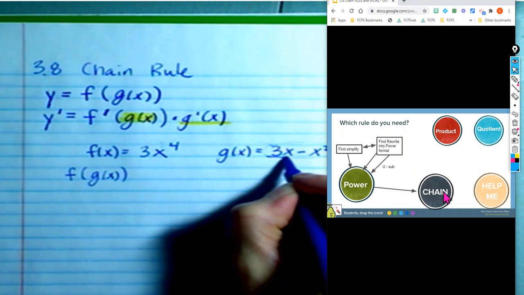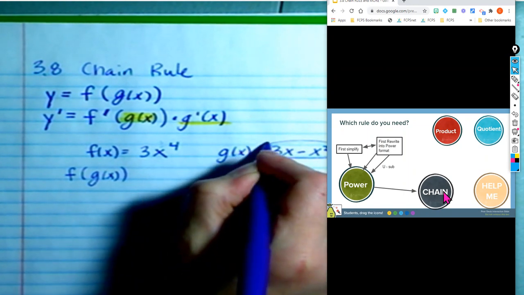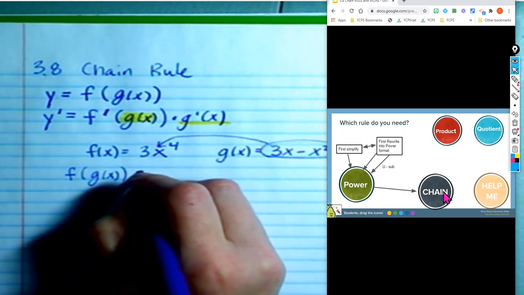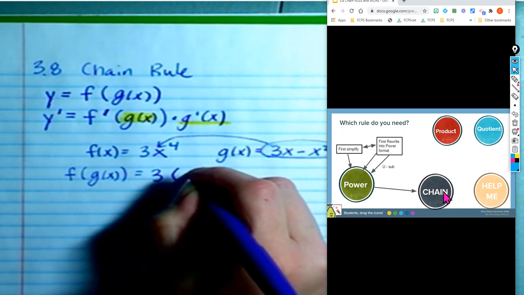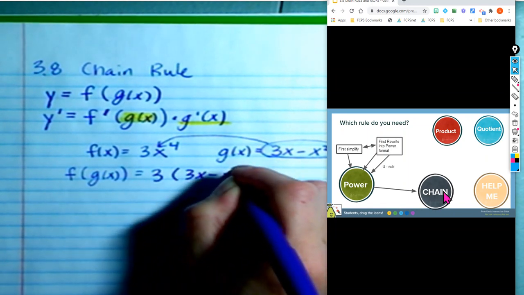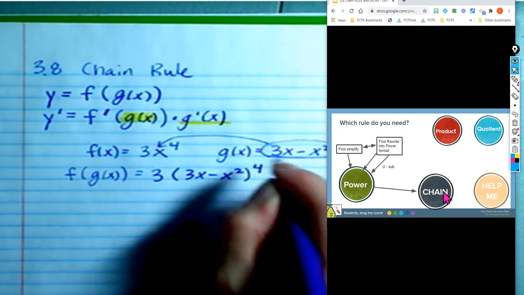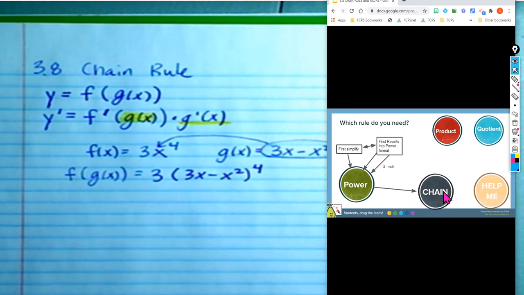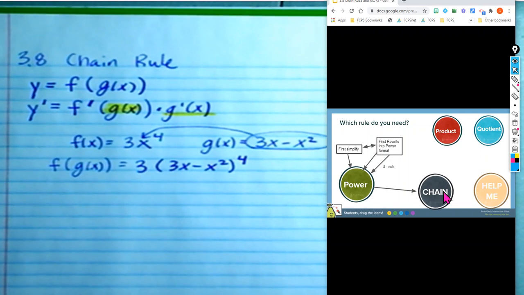Okay. This piece here is going to go into this part. In order for chain rule to work, this is composing. We have to decompose. We have to separate them back into their original pieces.